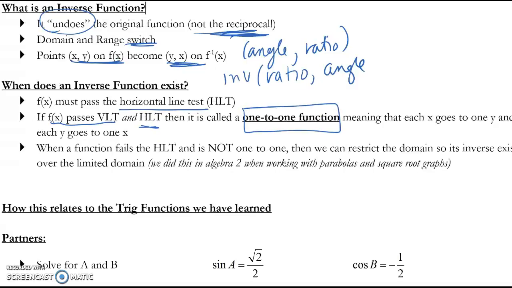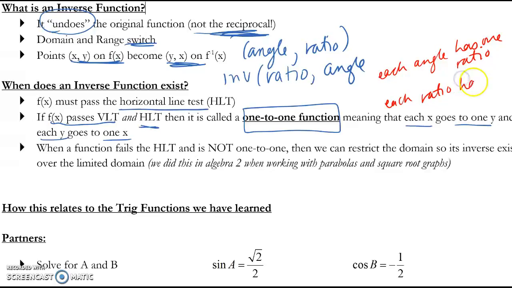When a function is one-to-one, it means that each x goes to only one y, and each y goes to only one x. If we think about this in the trig world, that would mean that each angle has one ratio, and each ratio has one angle.